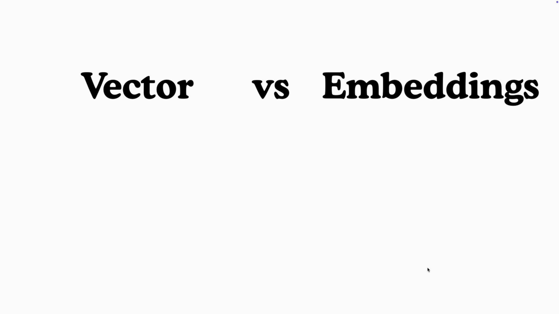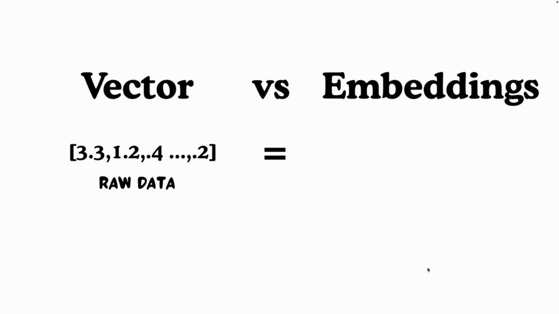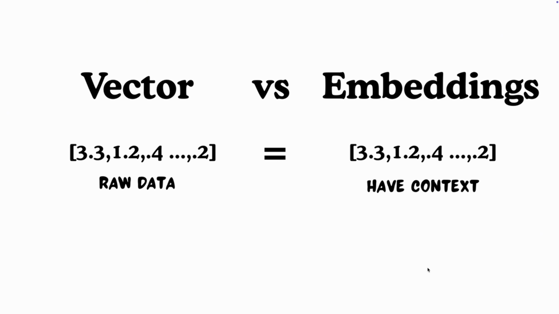Now, here is one common confusion. What's the difference between a vector and an embedding? Honestly, they are two sides of the same coin. A vector is the raw mathematical data, just numbers, whereas an embedding is the same vector but with given context, a meaningful representation of your text, image, or audio.